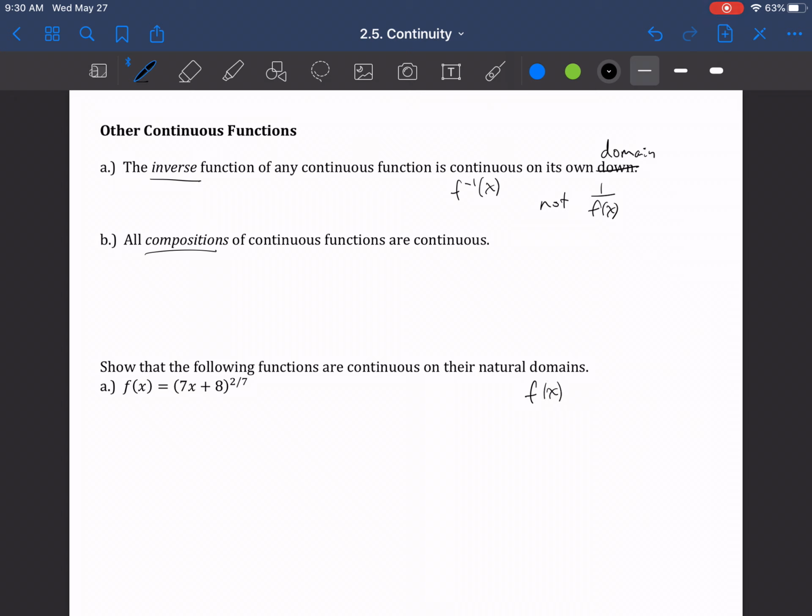We could say that f of x is equal to 7x plus 8, and then g of x, which would be the outer function, is x to the 2/7, which is the 7th root of x squared, like that.